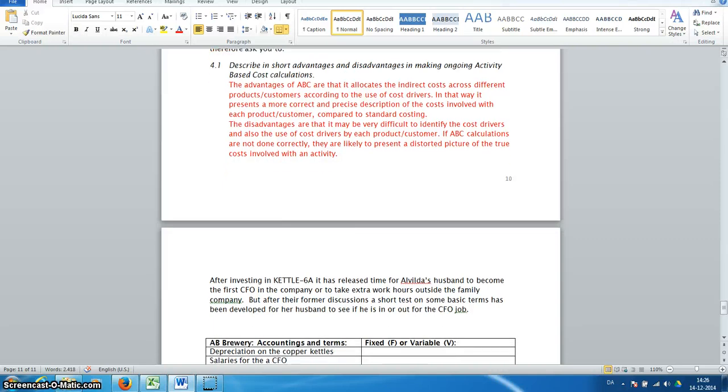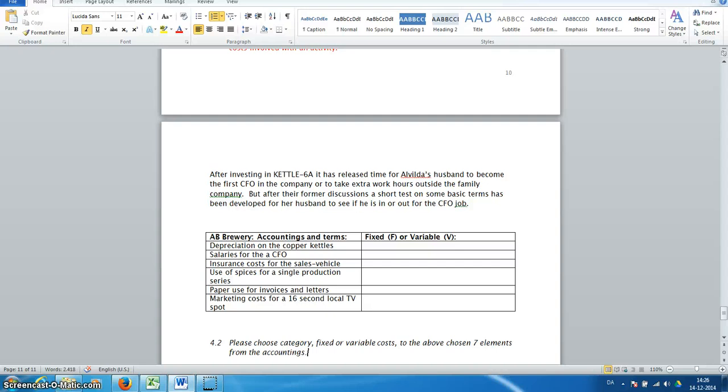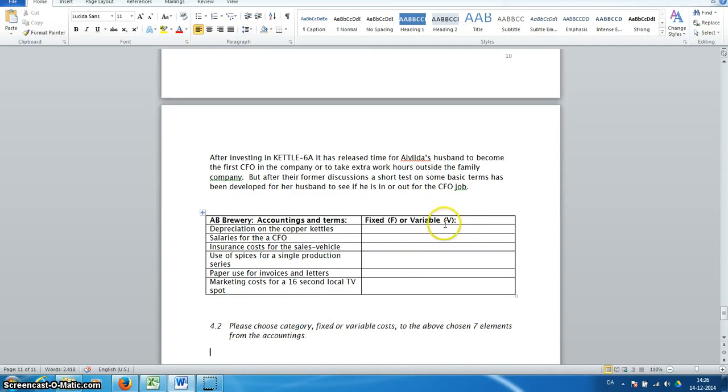Now the next is just a little short exercise where we should determine whether these different costs are either fixed or variable. First one, depreciation on copper kettles. Well, depreciation will almost always be a fixed cost.